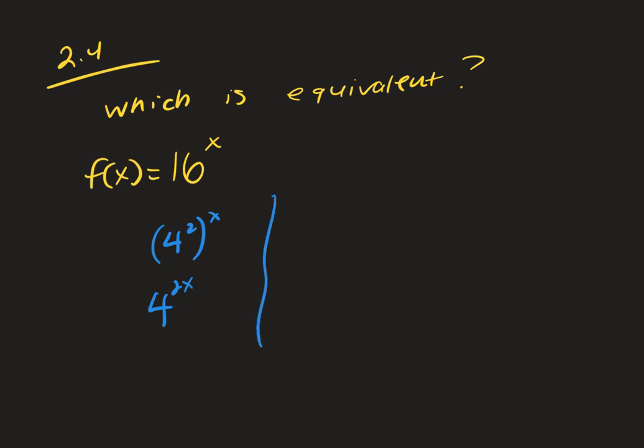Or we could rewrite that as, if it said f of x was 4 to the x, let's say, I could rewrite this as, well, this would have been g of x. I could have written it as 4 times 4 to the x. Actually, it would be like this.